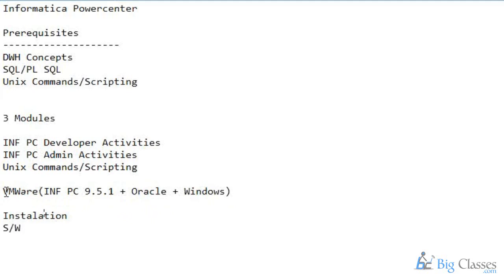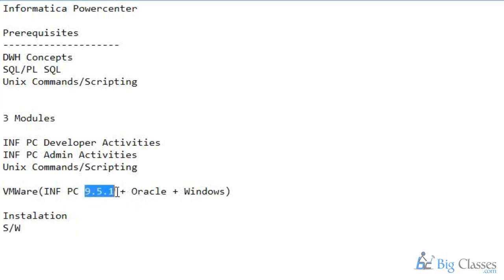So you can either practice within the VMware, or you can install the software directly on your systems. 9.5.1 is the software that is there. There are slight differences, and I'll explain the difference, what's new in 9.6.